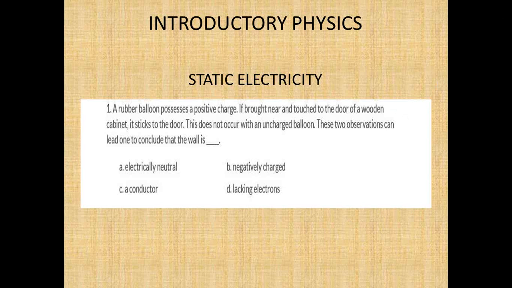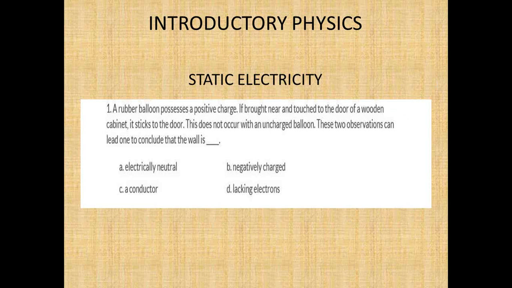So question one: a rubber balloon possesses a positive charge. If brought near and touched to the door of a wooden cabinet, it sticks to the door. This does not occur with an uncharged balloon.